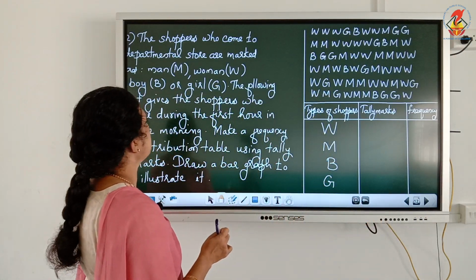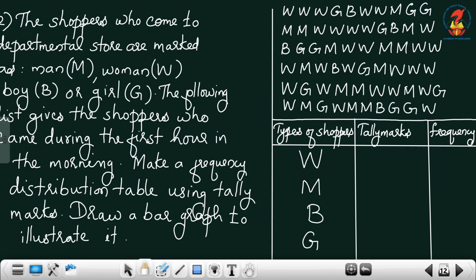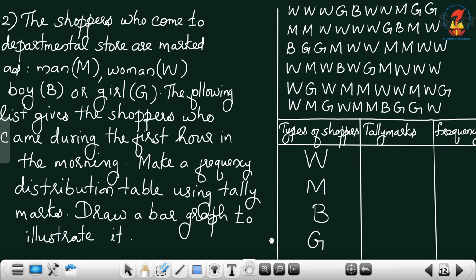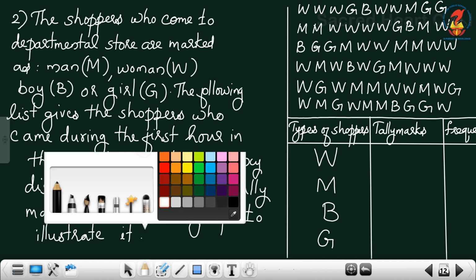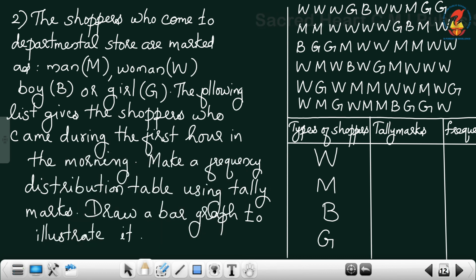Now second question. The shoppers who come to a departmental store are marked as man, M, woman, W, boy, B or girl, G. The following list gives the shoppers who came during the first hour in the morning. Make a frequency distribution table using tally marks.